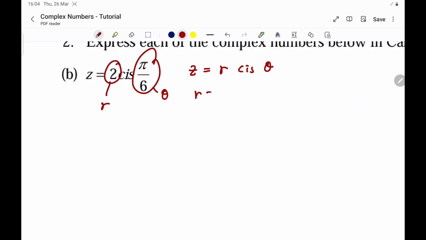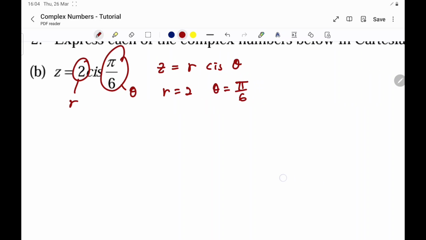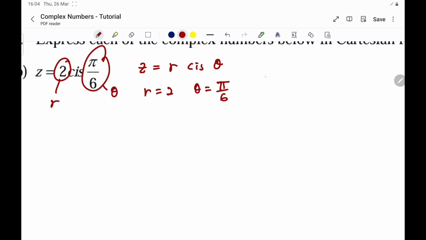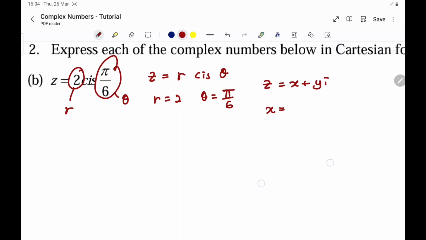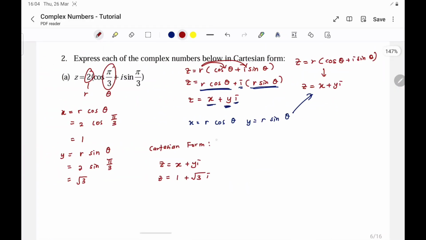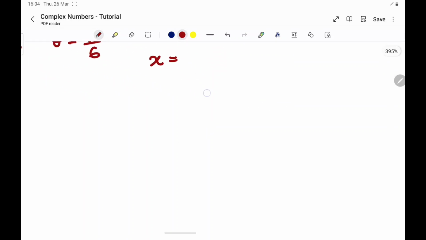So you write first. Now we want to write in the form of Cartesian form, x plus yi. So to get x, go through again with the previous one: r cos theta. To get y, r sin theta.